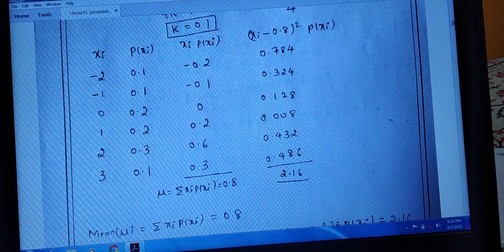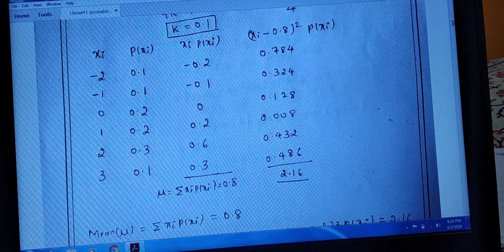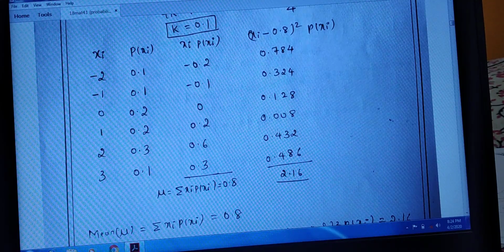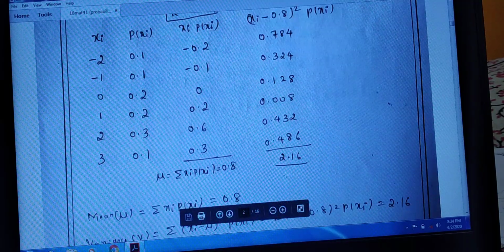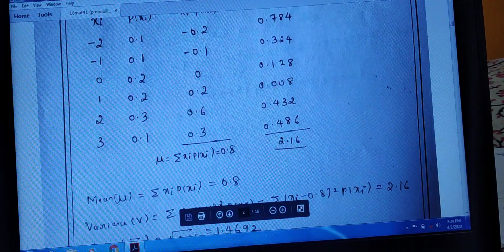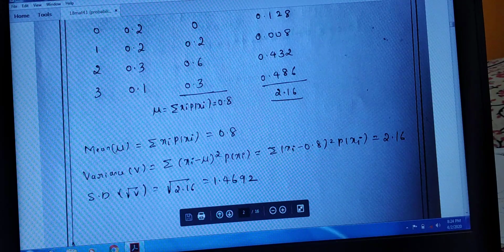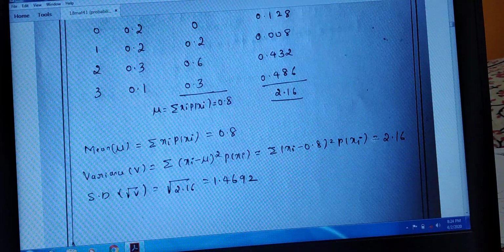For each of these values you have to calculate in the same way. It's very simple. You can just substitute xi and p of xi values, calculate using your calculator, and the sum of all these values will give the value of the variance, that is 2.16. So the variance v is given by 2.16.